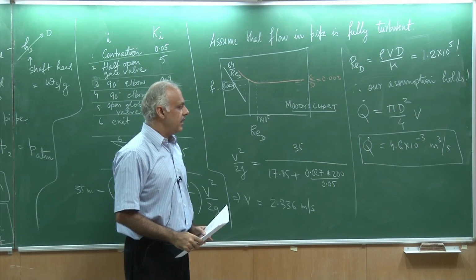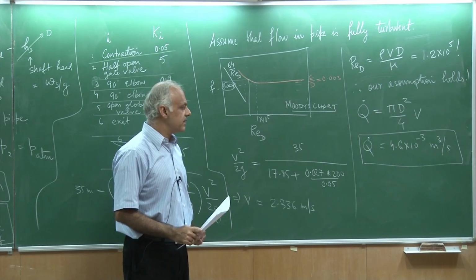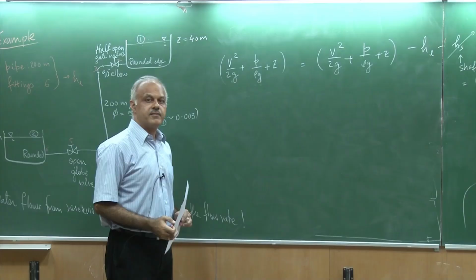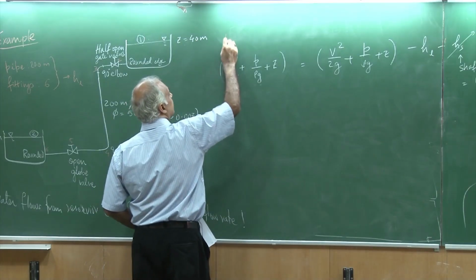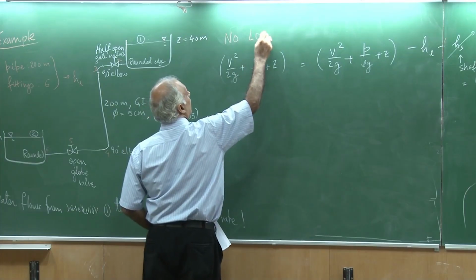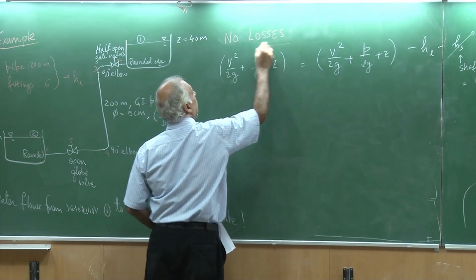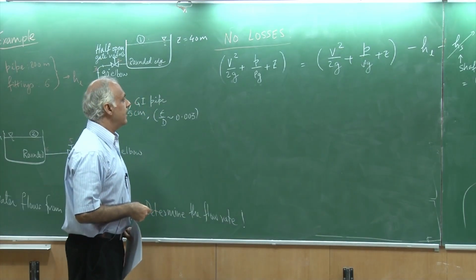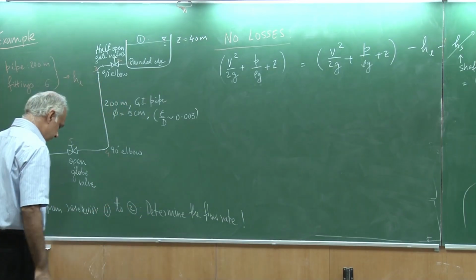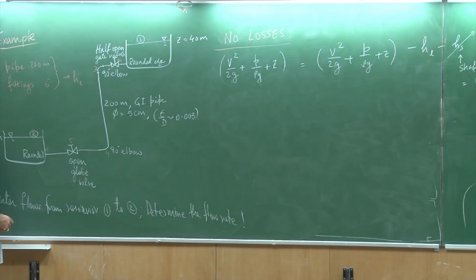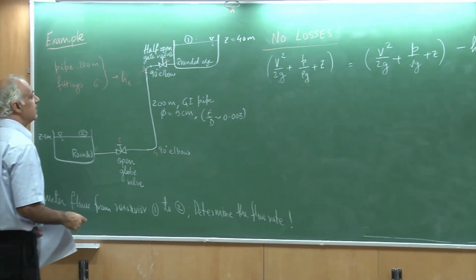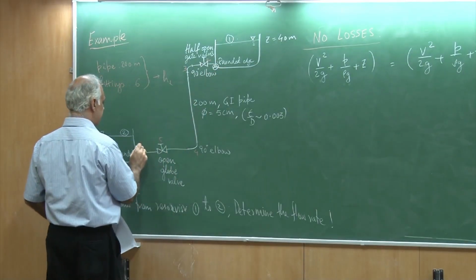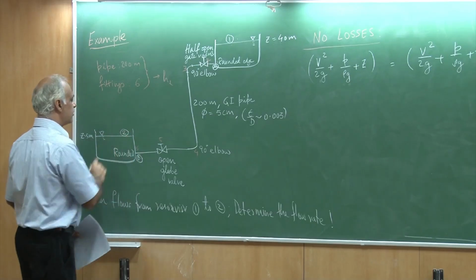Now, it would be very nice to compare this with the ideal situation. Suppose there are no losses. Then what would be the speed of the flow in the pipe? I would like to apply these equations carefully somewhere else. So, let me number these as, let us say, the station A, this as station B, and of course, this is 2.